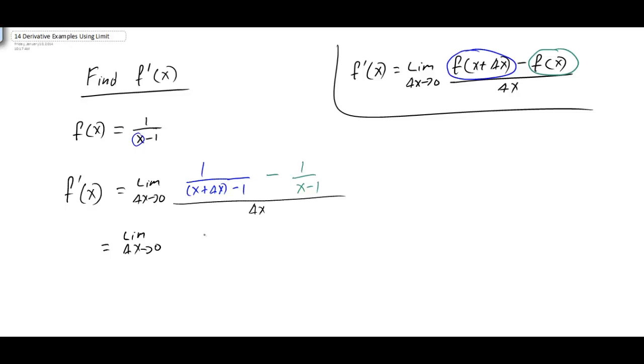And if we simplify this, we're going to end up with 1 over x plus delta x minus 1 minus 1 over x minus 1.